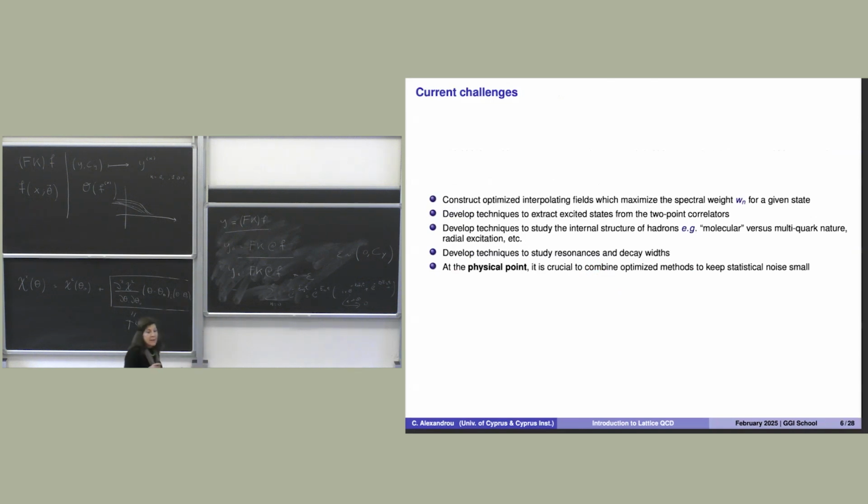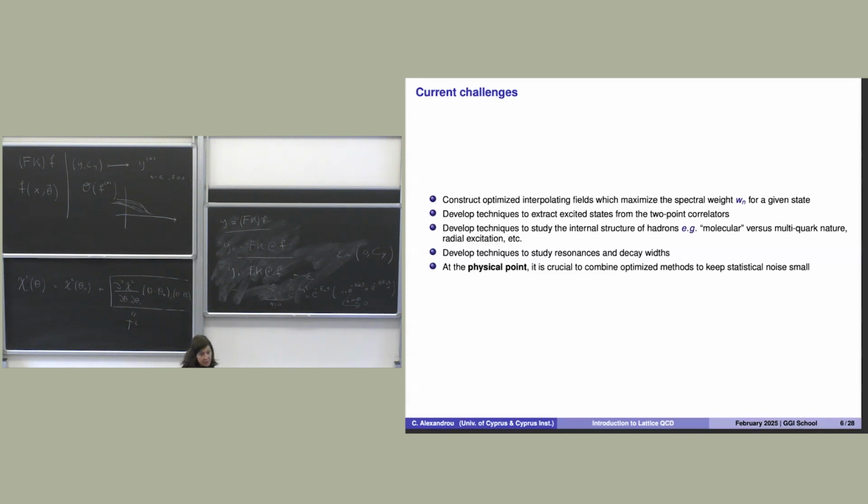So what are the challenges that we are facing right now? The challenge is to have methods to construct optimized interpolating fields that maximize the overlap with the states that we want to study. We need to develop techniques to extract excited states. Ground states are much easier. We need to develop techniques to investigate the internal structure of hadrons.